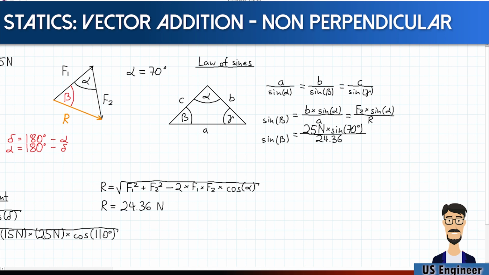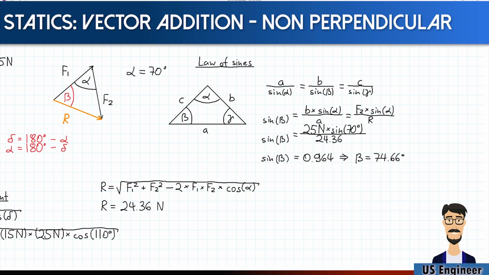And if you do the math correctly, you're going to come up with the sine of beta is equal to 0.964, and this means that your angle beta is going to be 74.66 degrees. So that's this angle right here.